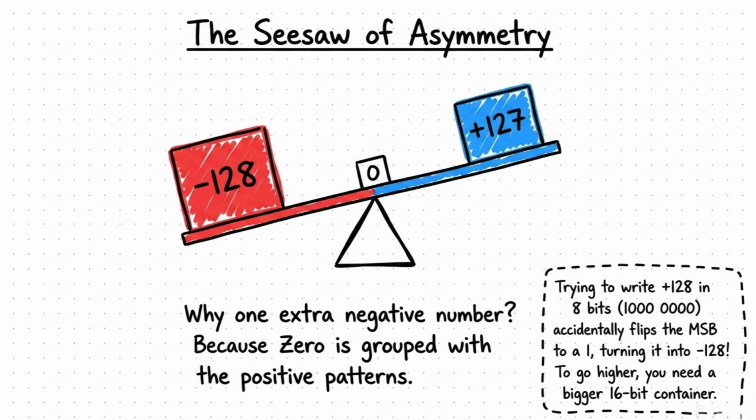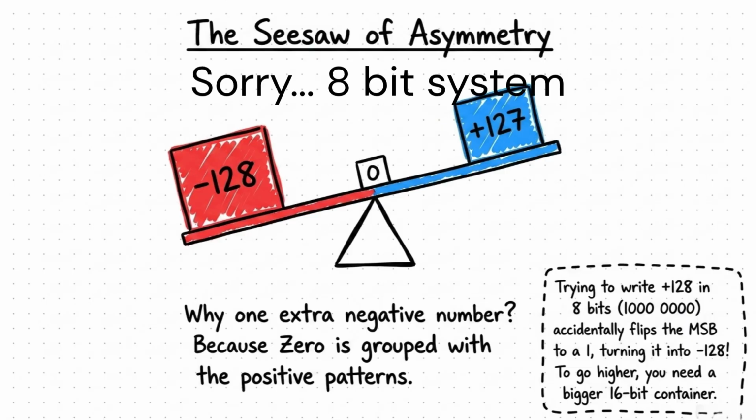You will notice there is always one more negative number than the positive one. Why? Because in the 2's complement system, 0 is grouped with positive numbers. If we try to represent plus 128 in an 8-bit system, the pattern would look like 1, 0, 0, 0, and 4 times 0.